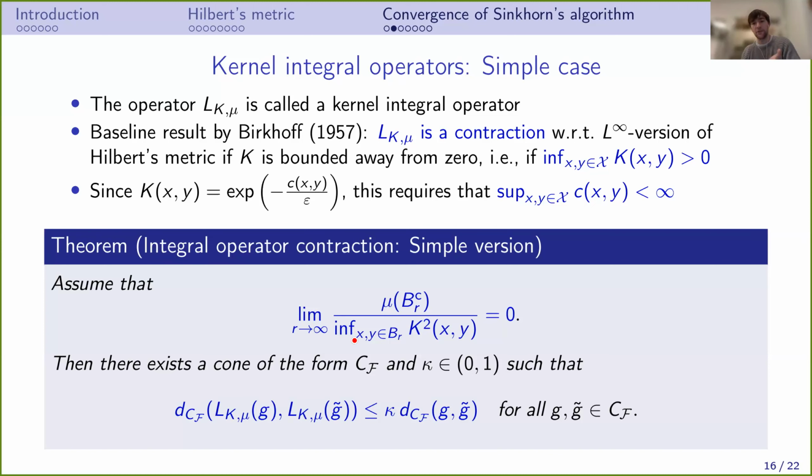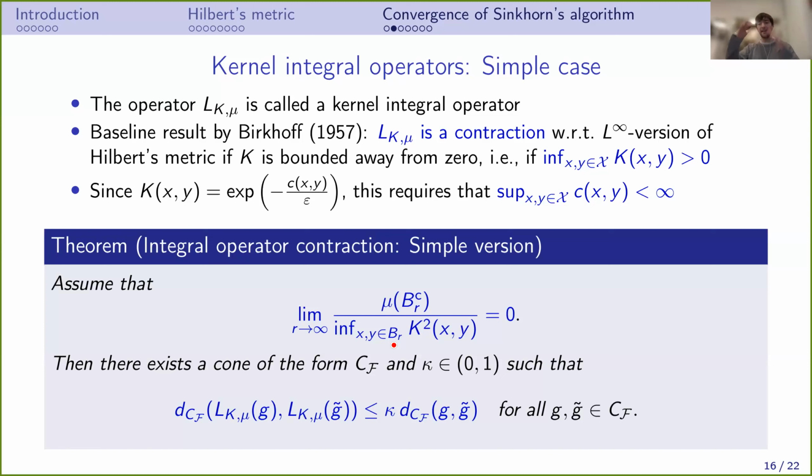So the general condition should be seen as this decay of the mass which mu puts onto the set outside of the ball of radius r; this mass has to go to 0 faster than the values of the kernel k inside of this ball of radius r.